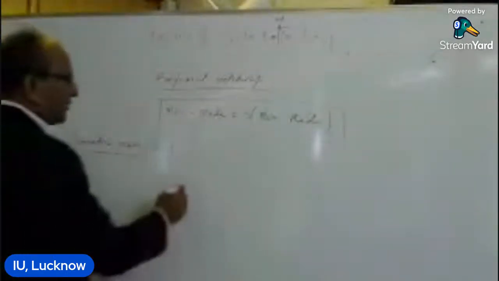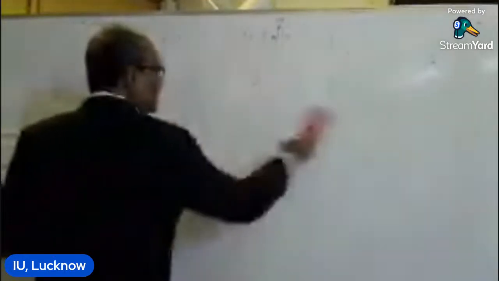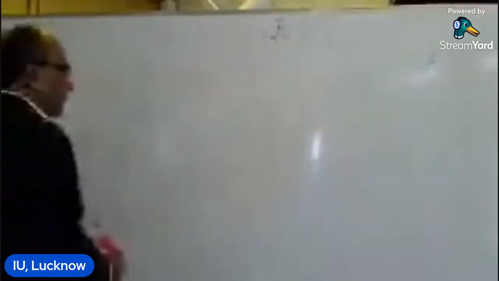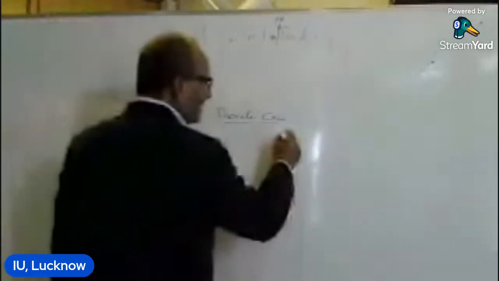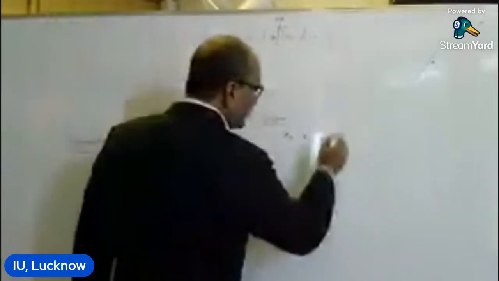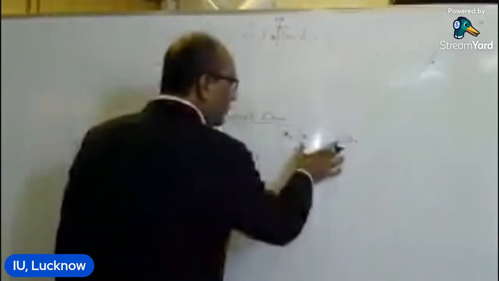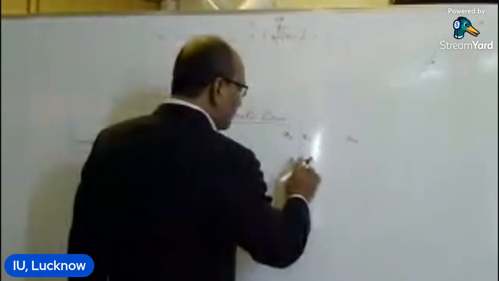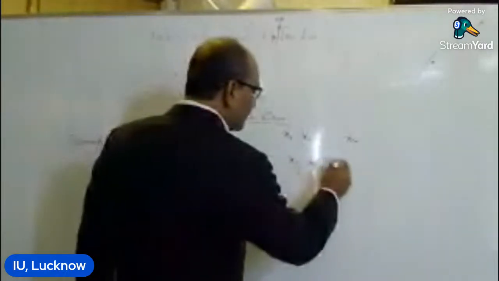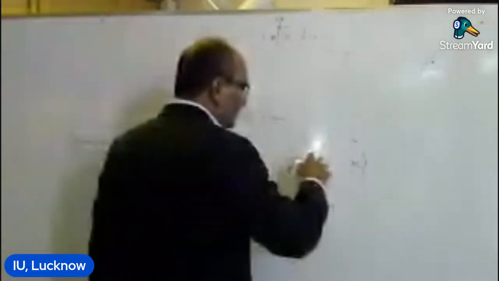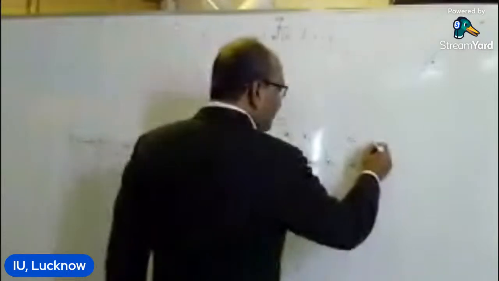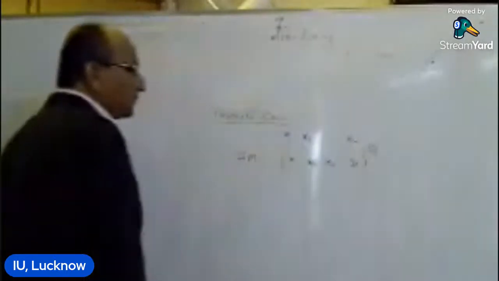So for the discrete case, if the data are given like x1, x2, and xn, then the geometric mean is the product of these, that is x1 multiplied by x2 multiplied by x3 up to xn, the product of all the given observations, raised to the power 1 upon the total number of observations, that is 1 upon n.